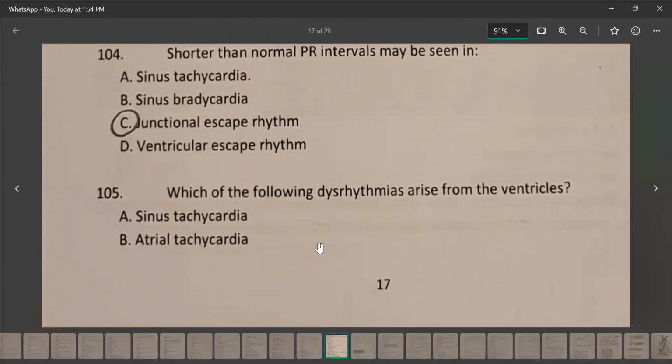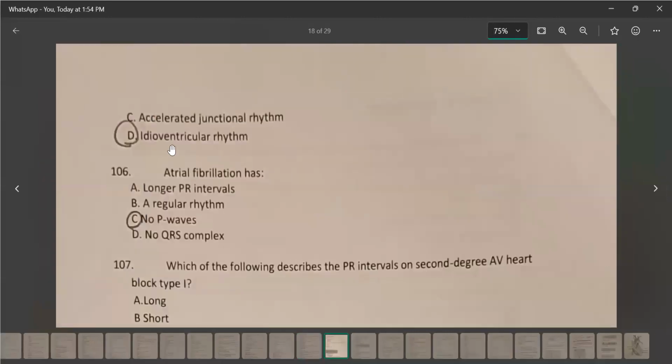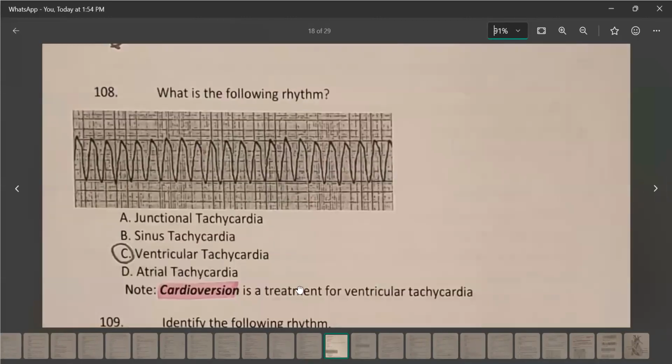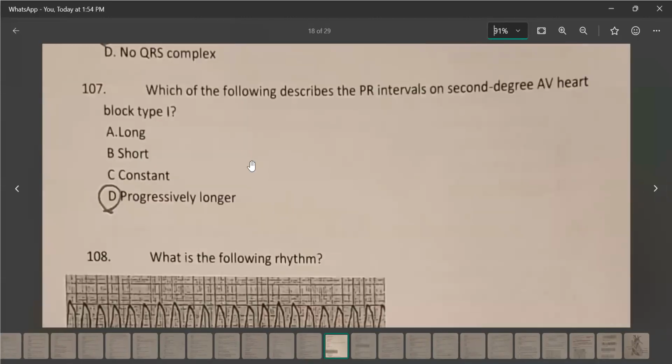105. Which of the following dysrhythmias arise from ventricles? Idioventricular rhythm. 106. Atrial fibrillation has no P waves. 107. Which of the following describes the PR intervals on second-degree AV heart block type 1?